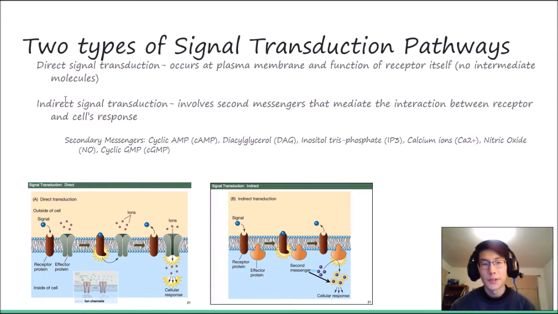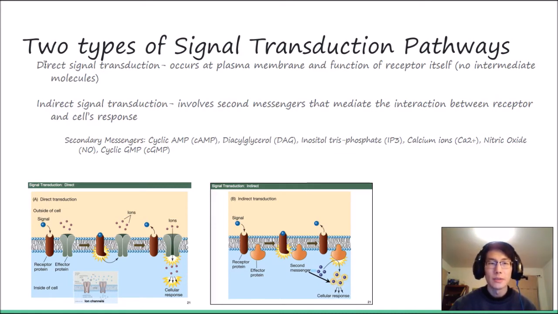By contrast, you can also have indirect signal transduction, which involves a secondary messenger that mediates the interaction between the receptor and the cell's response. Secondary messengers include cyclic AMP, diacylglycerol, IP3, calcium, nitric oxide, etc. Here, a signal molecule binds to the receptor, and that is mediated by effector proteins as well as secondary messengers that ultimately trigger the cellular response further down the line.